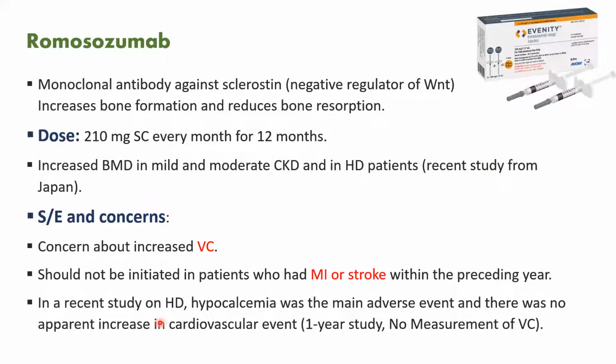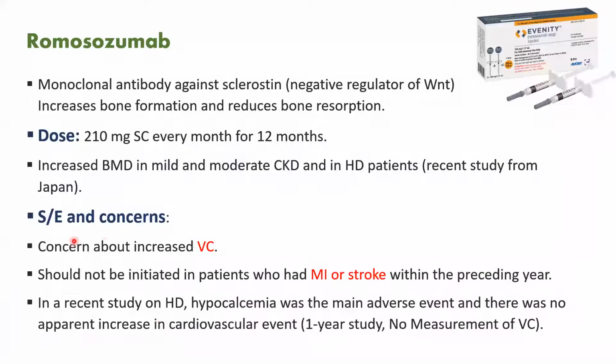The third one is romosozumab, a monoclonal antibody against sclerostin. It increases bone formation and reduces bone resorption. It could be given as 210 milligrams subcutaneous every month for 12 months. And we have some studies in mild and moderate CKD and in hemodialysis patients. A recent study from Japan showed that romosozumab could be given to hemodialysis patients.